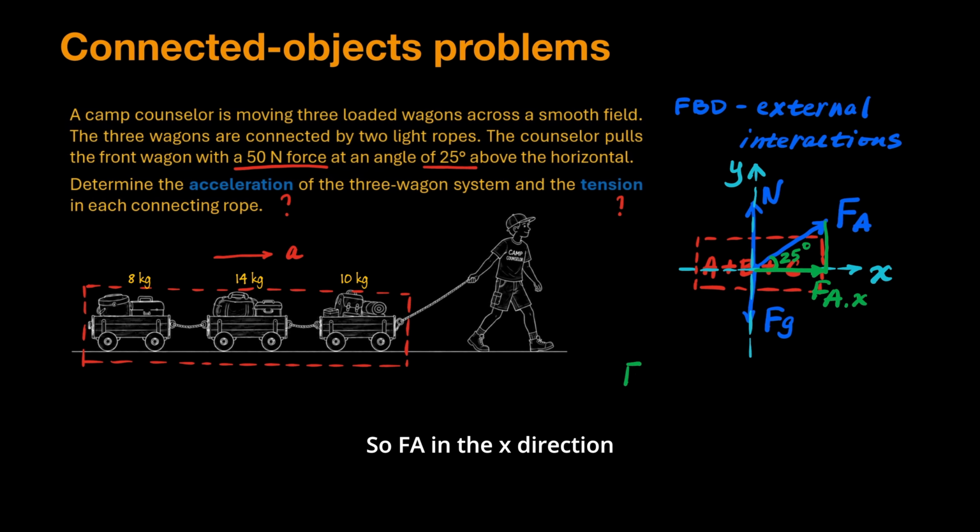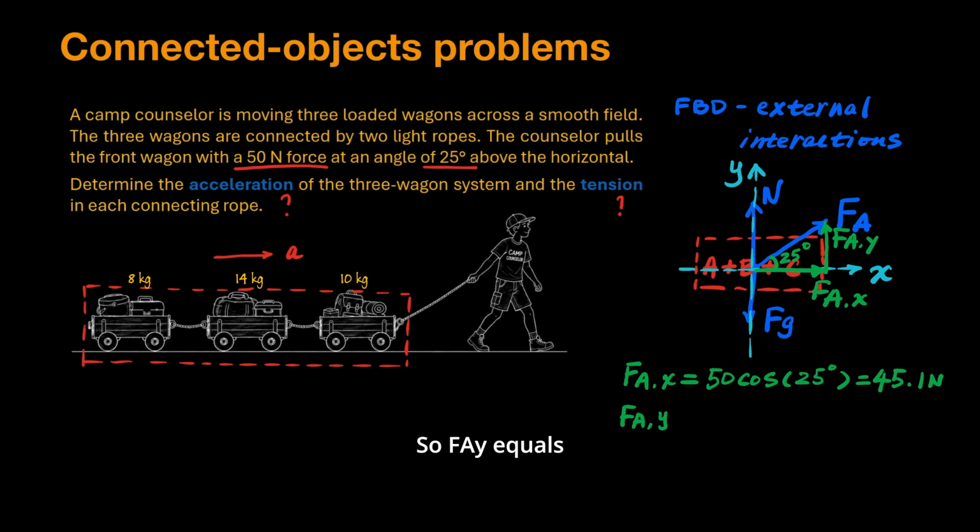So FAx equals 50 multiplied by cosine 25 degrees. And this gives us 45.1 Newton. And the vertical component is the opposite side. So FAy equals 50 multiplied by sine 25 degrees. And this gives us 21.1 Newton.